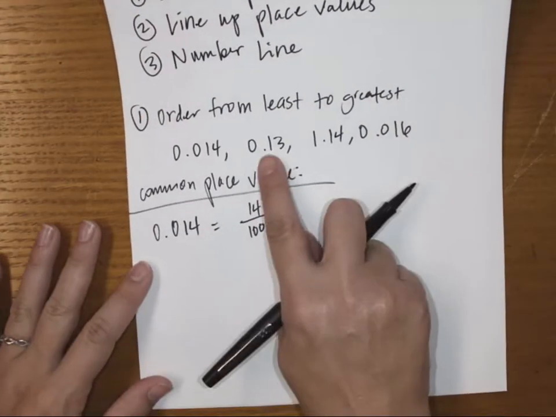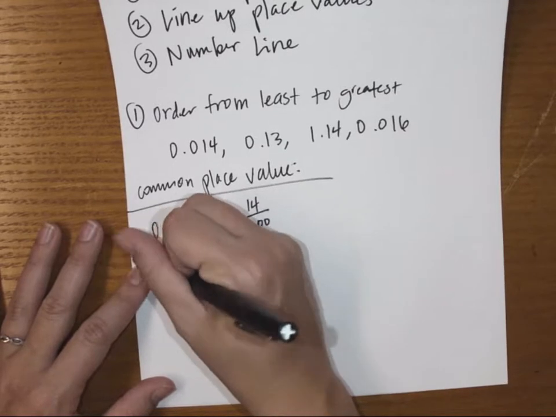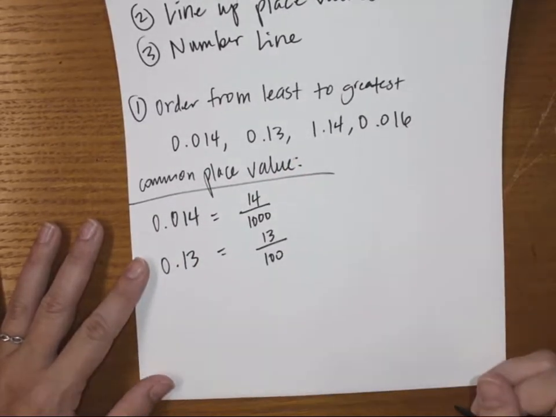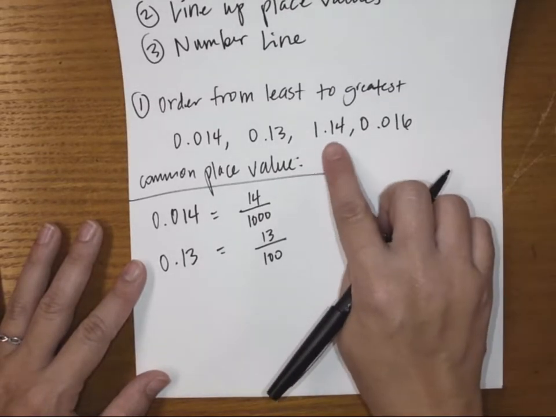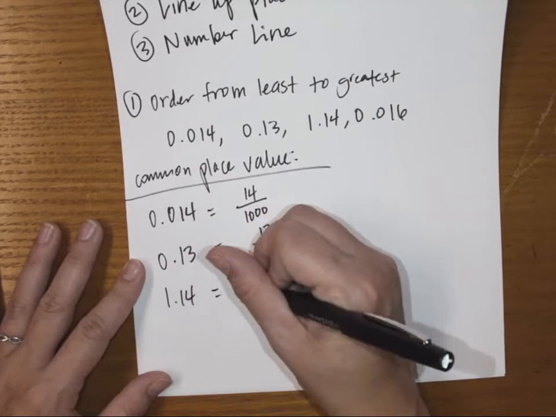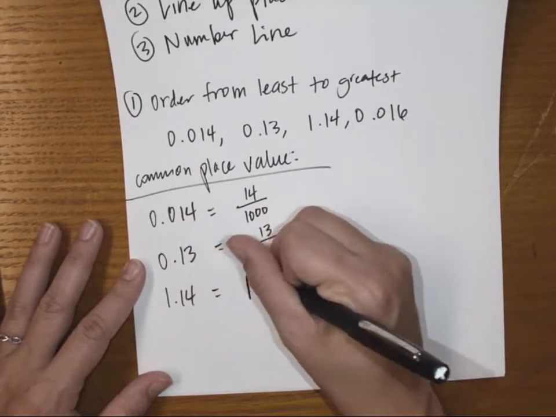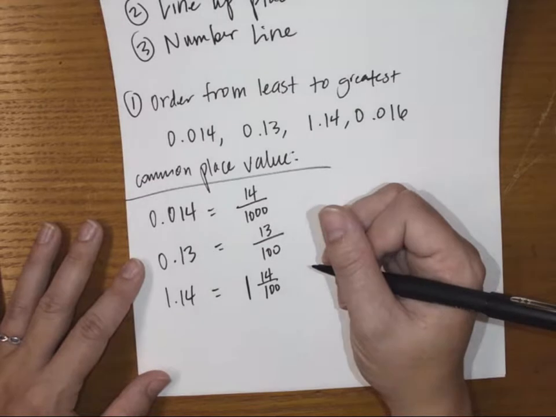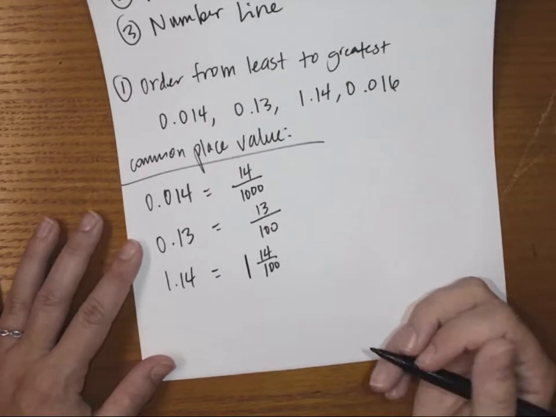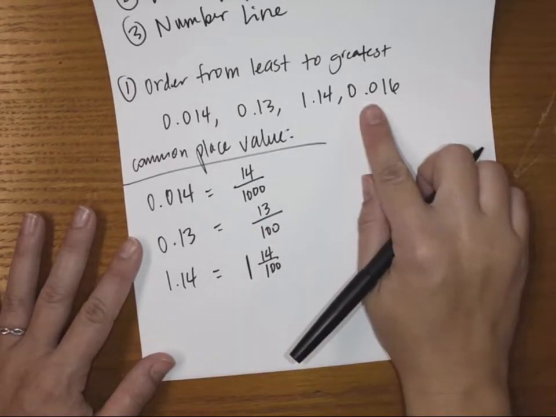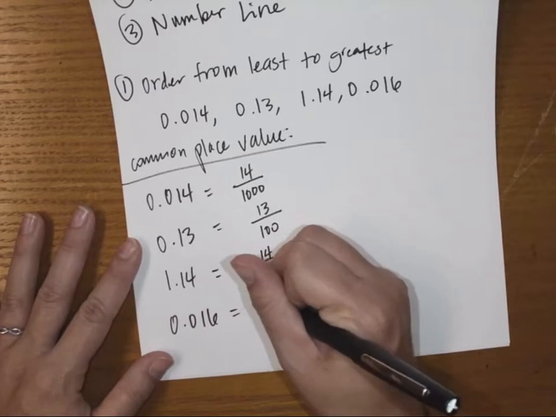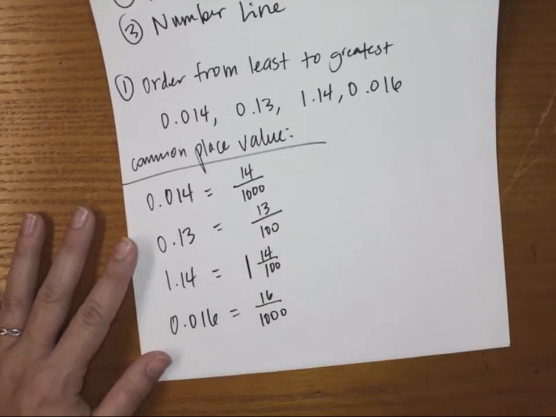The next decimal, 13 hundredths, would be 13 on top, 100 on bottom. 1 and 14 hundredths would be the fraction 1 whole and 14 over 100, which we could also make into an improper fraction if you wanted to. You don't have to though. And then the last one, 16 thousandths, would be 16 on top, 1,000 on bottom.